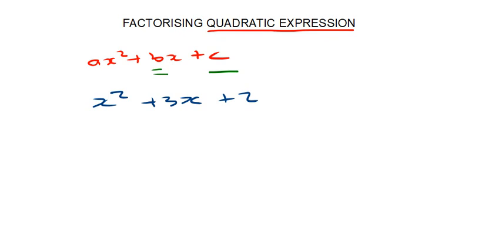Okay, so we're going to look at the factors of 2. The factors of 2 are 2 by 1. That's the only factors we have. So we are going to open a pair of brackets, then x on both sides, then the factors of 2, which are 2 and 1. Whenever the sign is positive, that means the signs that go in the brackets are the same.